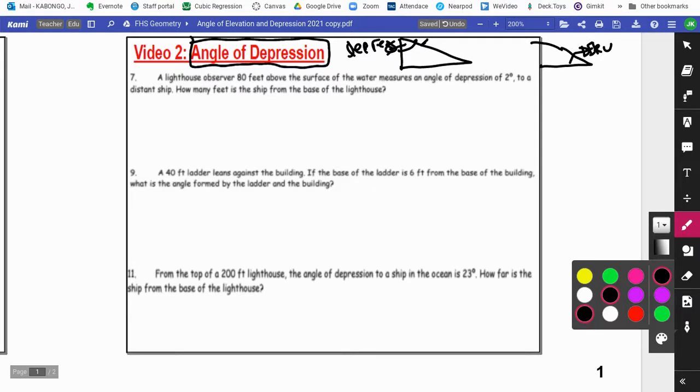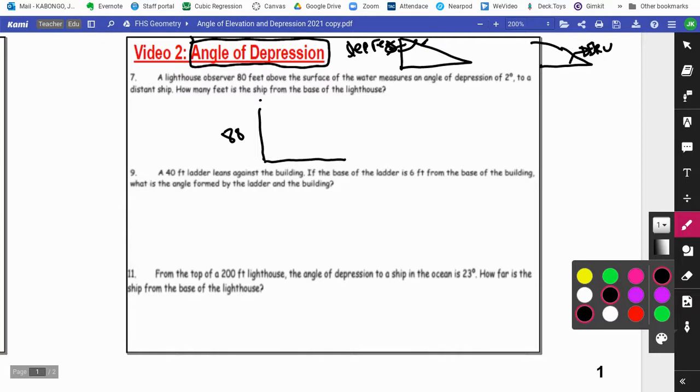A lighthouse observed 80 feet above the surface of the water. So I need to probably draw that. So let's do this. This is the lighthouse at the top here.